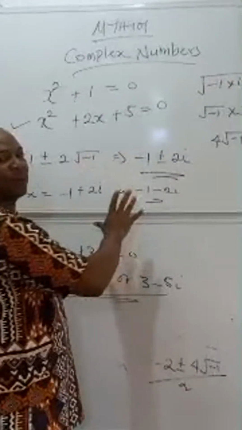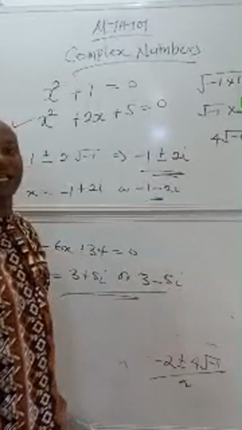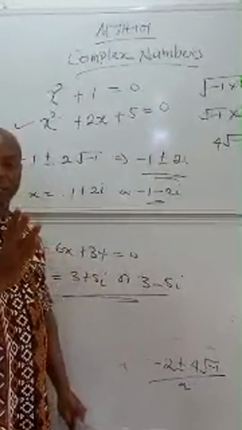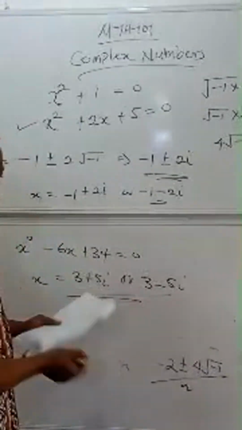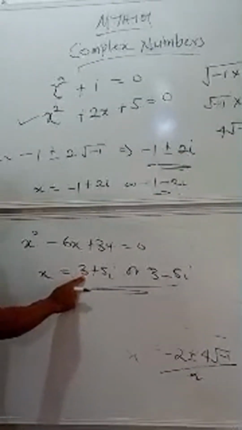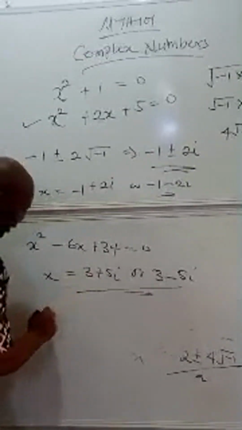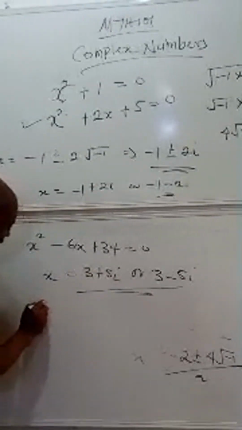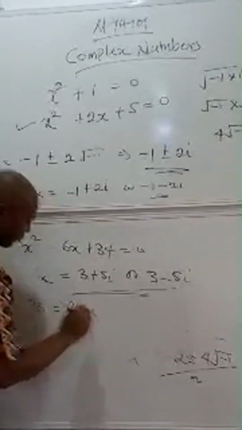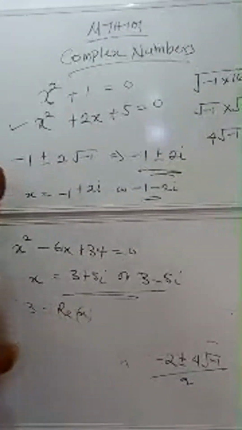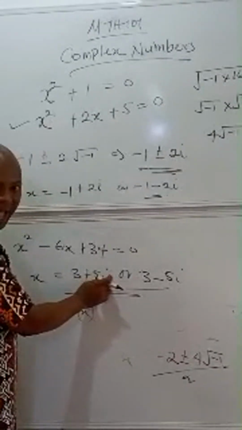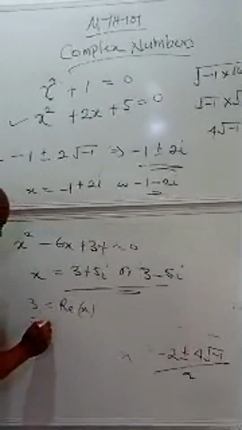In this complex number, we call this part the imaginary part, and the other the real part. We have two parts, the real part and the imaginary part. For this solution, the real part is 3, which you can call the real part of x, whereas this other part, which is 5, is the imaginary part.